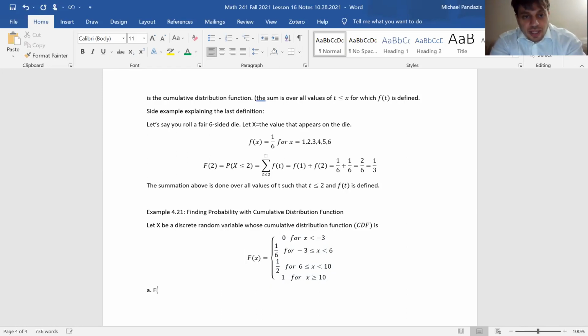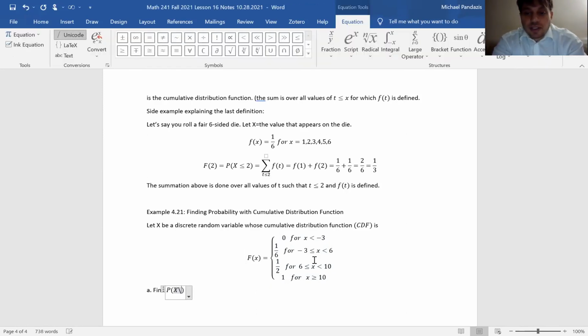Okay, so in part A, you want to find the probability that capital X is less than or equal to 4, the probability that -5 is strictly less than X less than or equal to 4, the probability that X is equal to -3, and the probability that X is equal to 4.